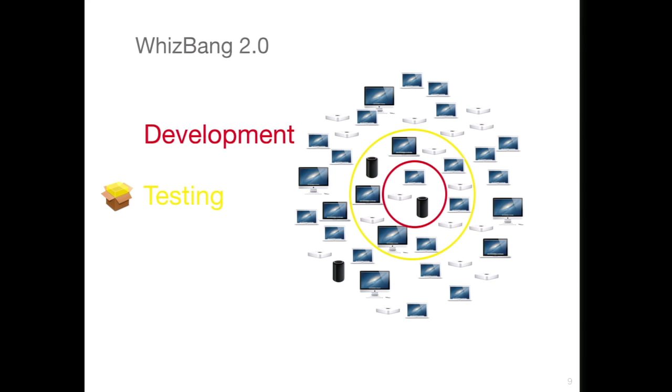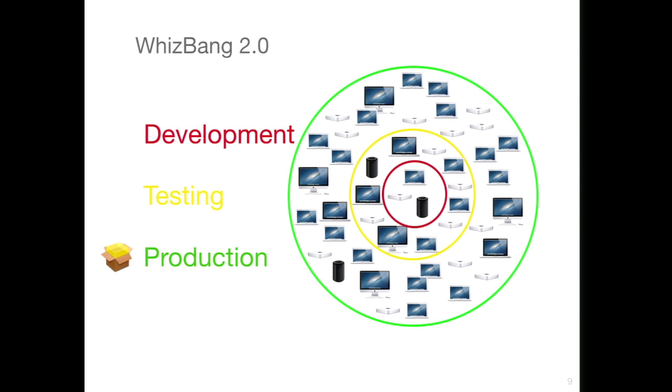And that testing catalog is looked at by an even wider range of machines. So now you've got a wider range of testers and test hardware for this app. And if that goes well, no problems, you can then move the package into a production catalog, and therefore it becomes available to all the machines in your fleet. So it's a very sane method of rolling out new updates in a way that you can feel confident you're not going to break everybody.